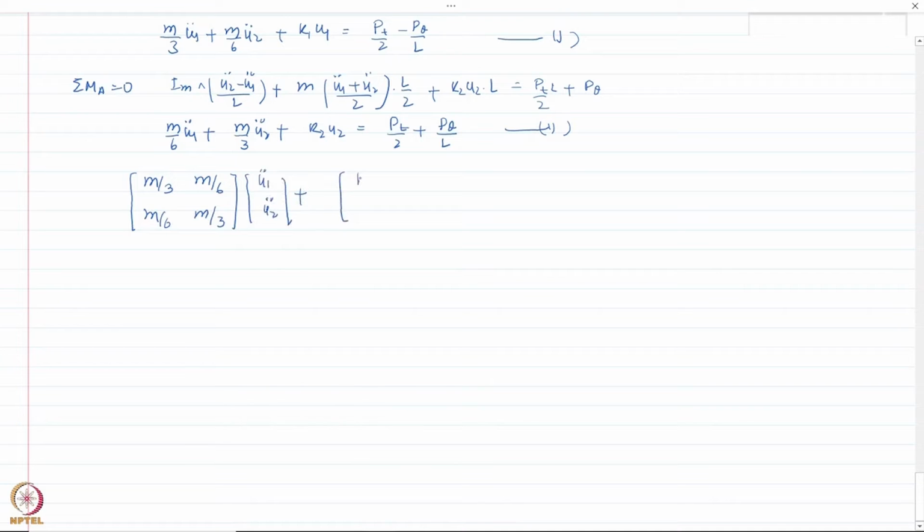Then I have the stiffness matrix k1 0 and 0 k2, times the displacement vector, and that is equal to the force vector, which comes out to be pt by 2 minus p theta by L. Let me write it again, and then pt by 2 plus p theta by L.